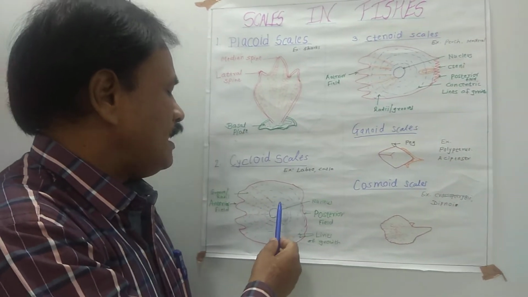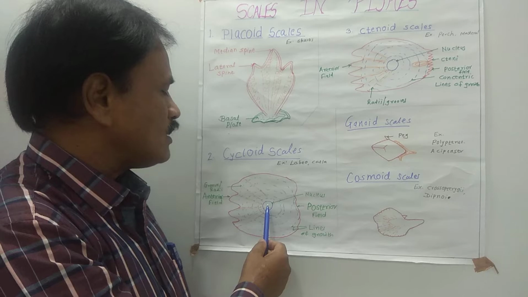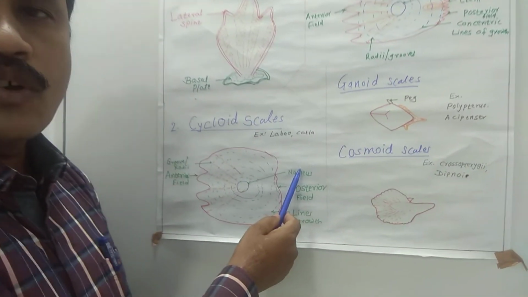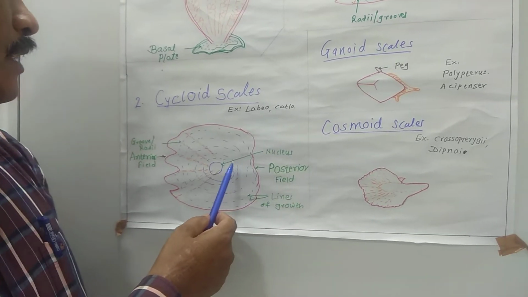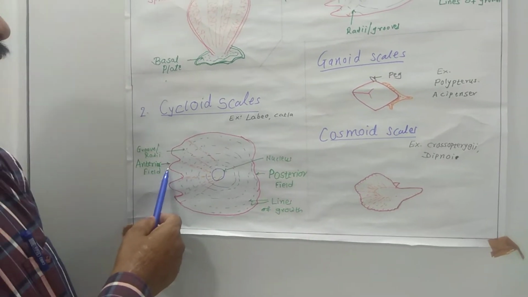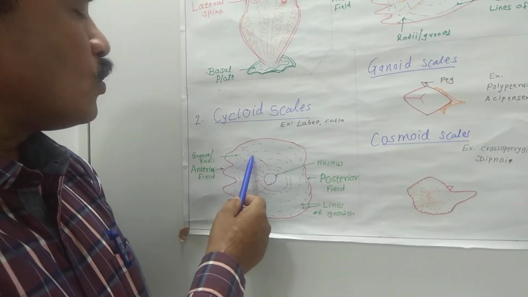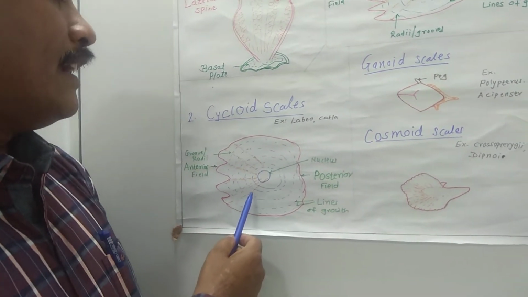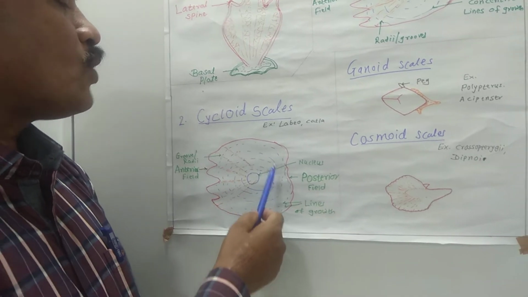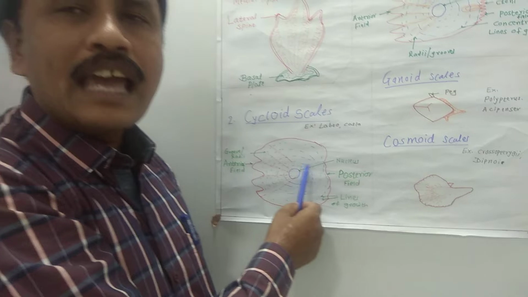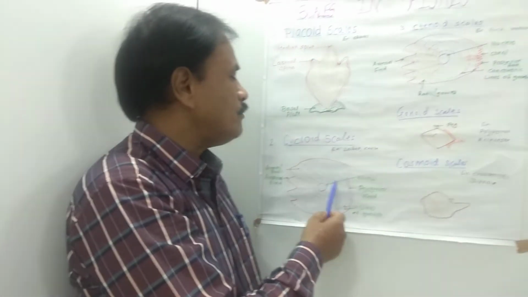The cycloid scale shows a central portion, which is called the nucleus or also the focus. On the posterior and the anterior field, it shows ridges and furrows and there are grooves. These grooves are also called radii. In the central part, it shows concentric lines of growth. From these lines, we can calculate the age of the fishes.